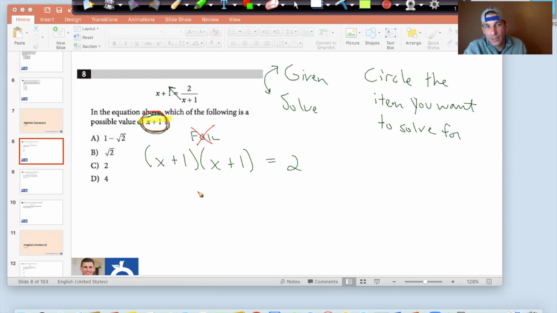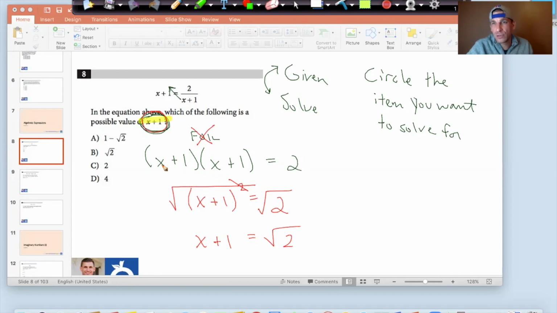Instead, combine these. Make this x plus 1 squared equals 2. And now, in order to remove the square, just simply take the radical. And now this goes away, and you get x plus 1 simplified by itself equals radical 2.